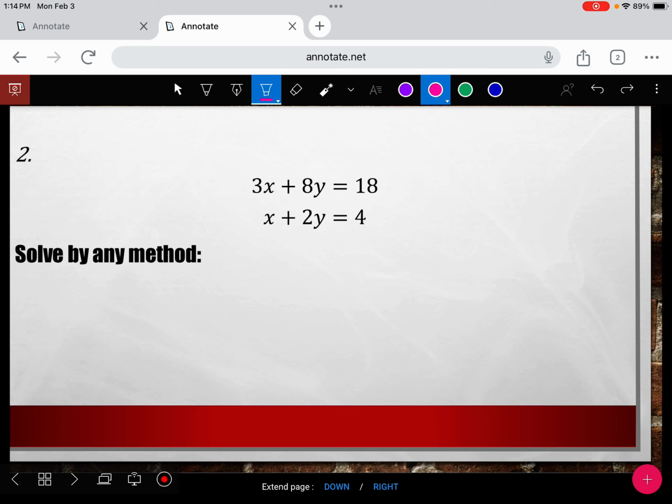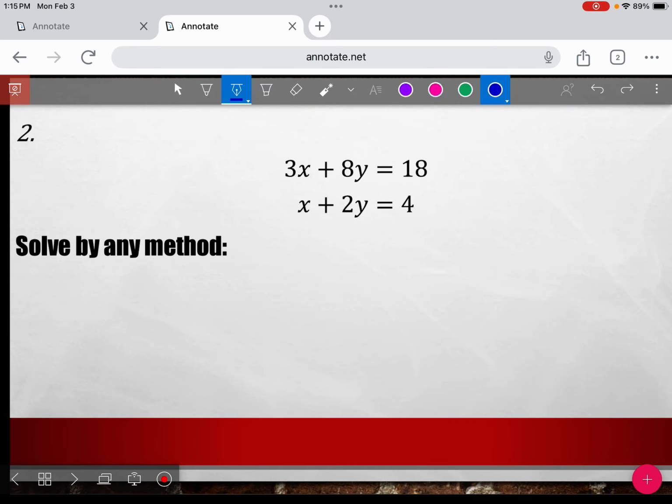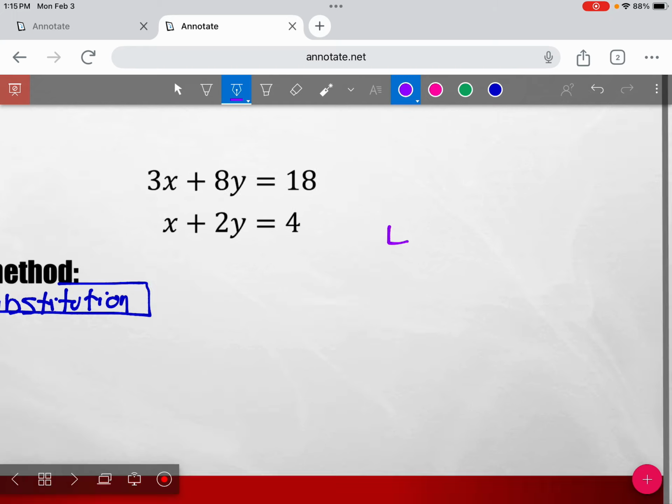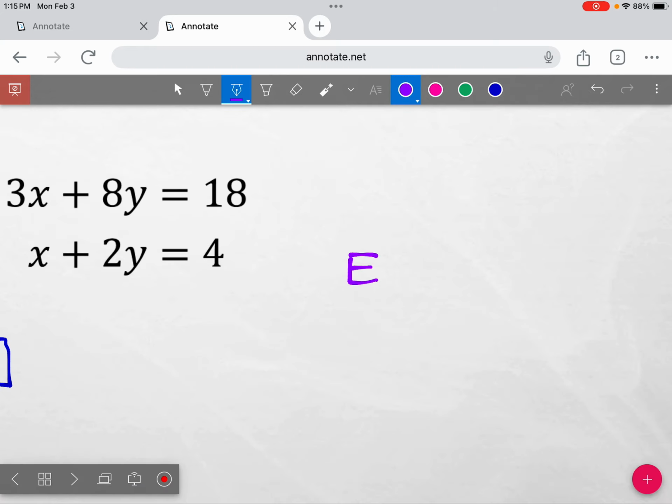All right, let's go through this one. I've seen a few different techniques on it. We have lots of choices. I've seen some people solve this one with substitution and some people solve this one with linear combination / elimination.